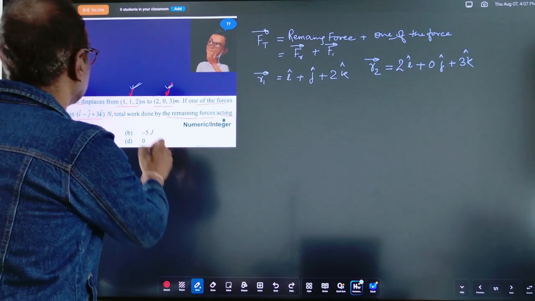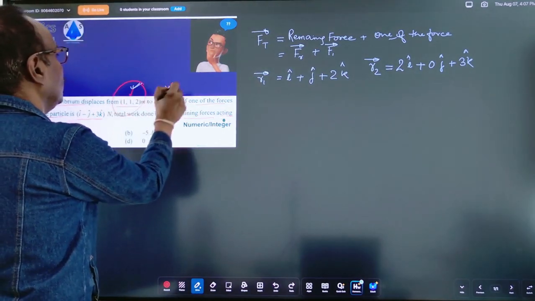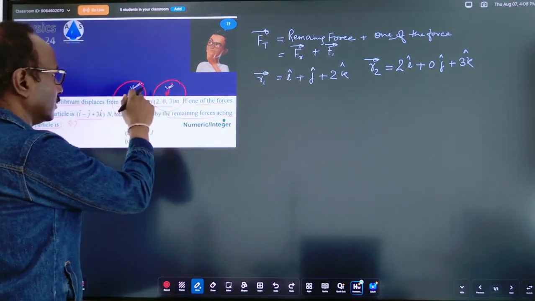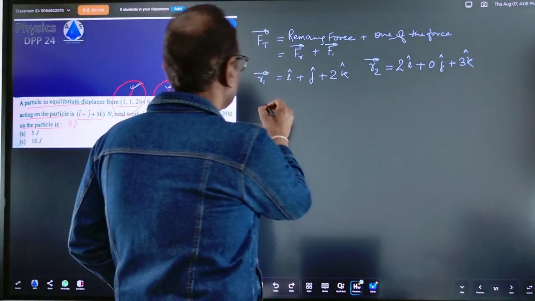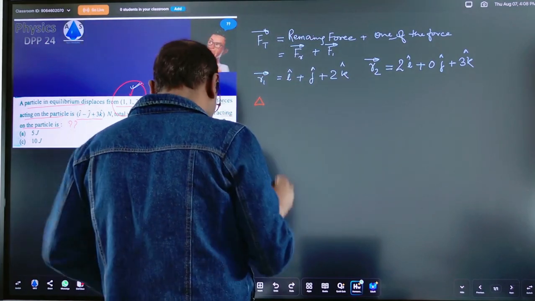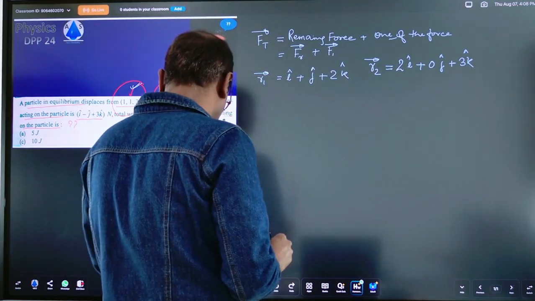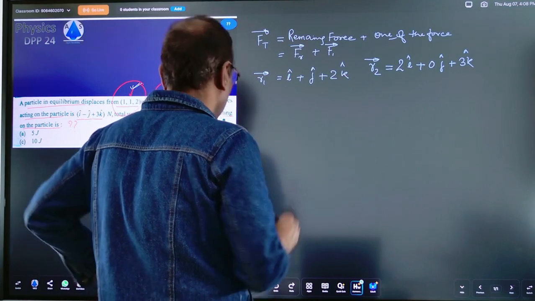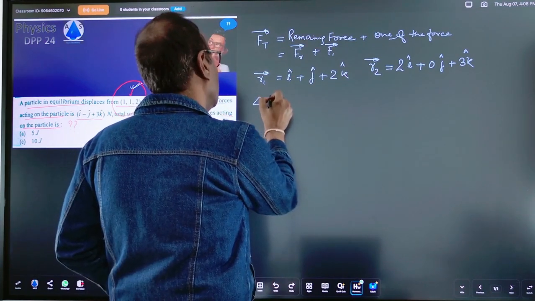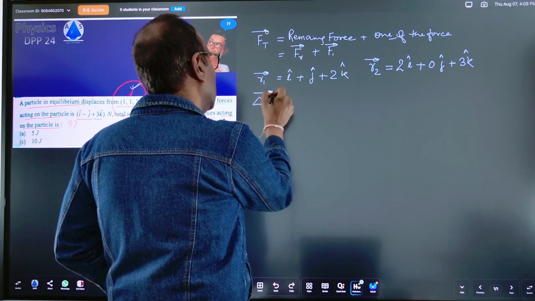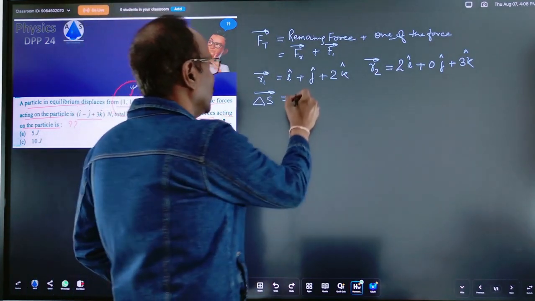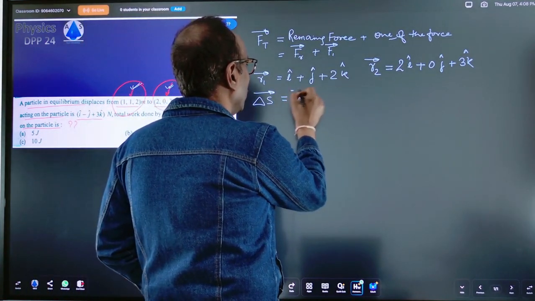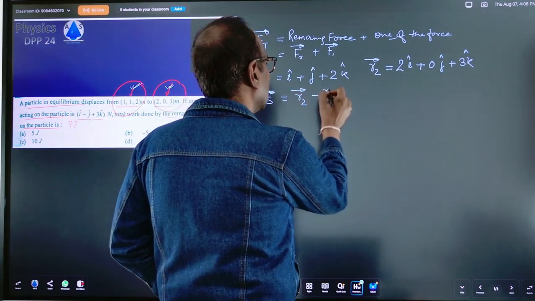Your particle is displacing from here to here, means from R1 to R2. So the overall displacement of the particle, if we notate it with delta S, will be R2 minus R1.